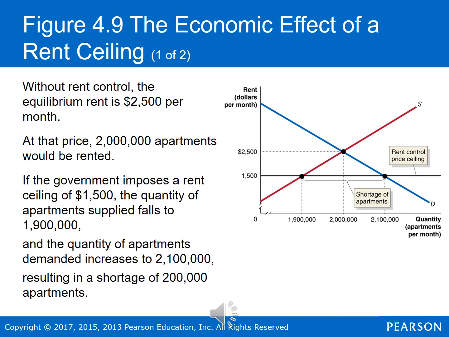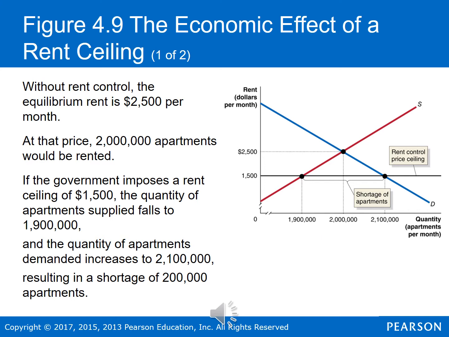Many large cities tend to have rent control. It prevents apartment landlords from selling at prices above a certain price. So let's say without rent control in this market, the equilibrium price is $2,500 per month. At that price, the equilibrium quantity that's going to be traded is 2 million apartments. Let's say the government imposes a rent ceiling of $1,500.